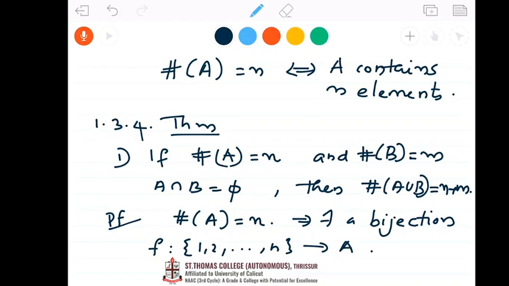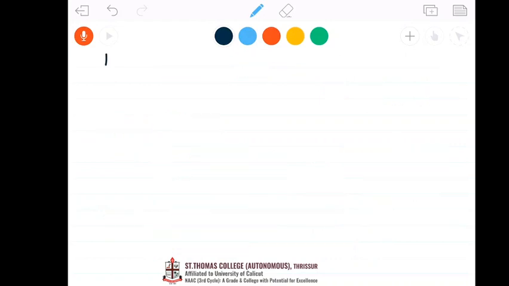Now what else is given? B contains m elements. So the number of elements in B is equal to m.